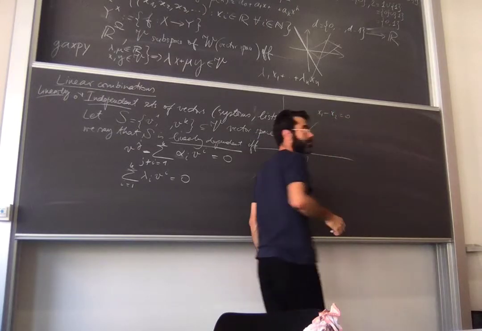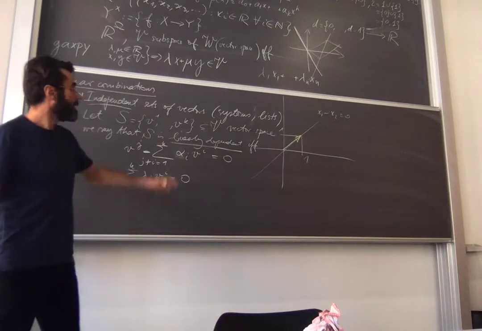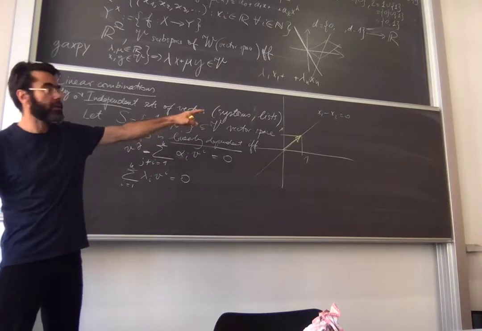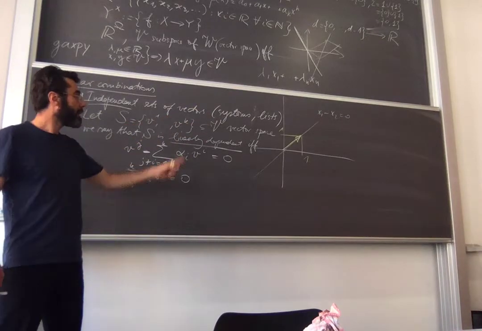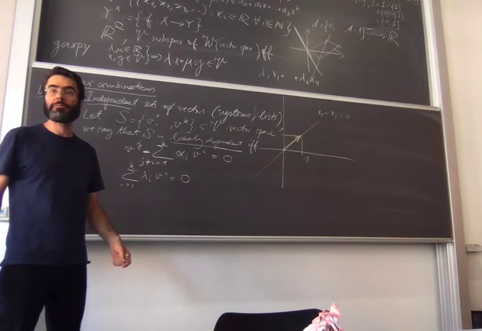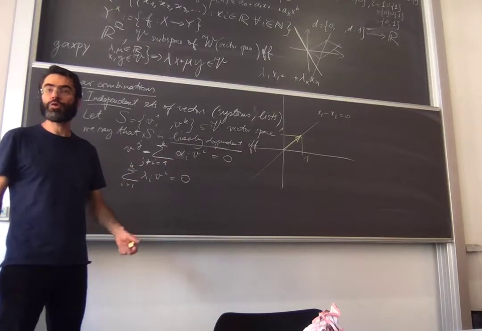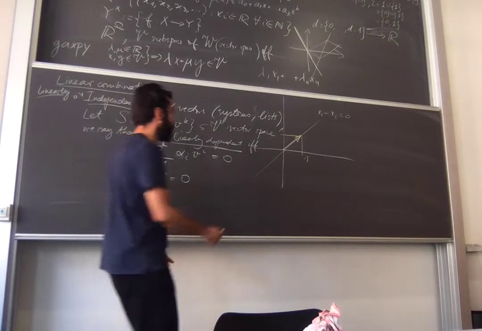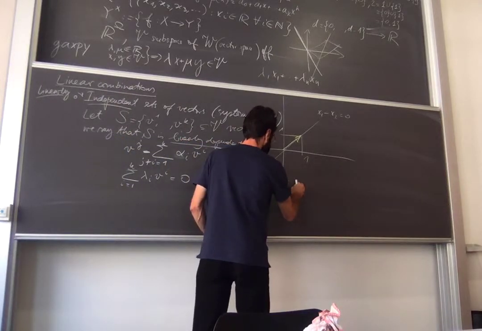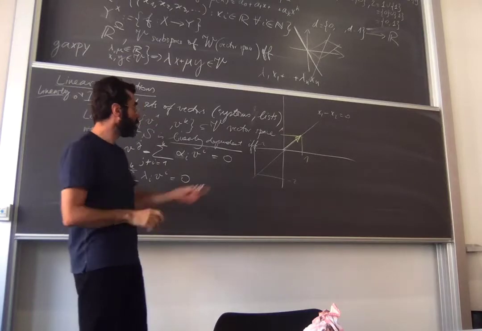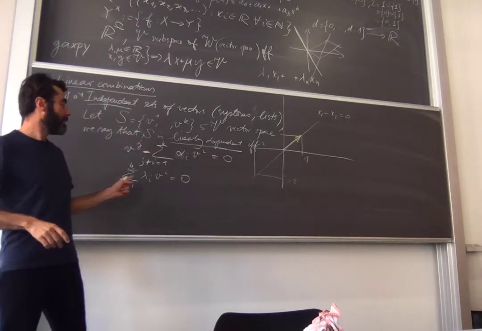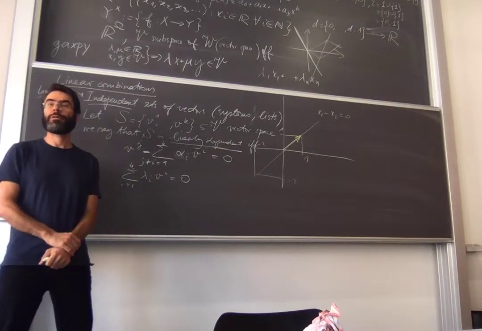It's a very easy one. 1, 1 belongs to that because 1 minus 1 is equal to 0. Can you give me another element there? I don't know, minus 2, minus 2. That works. So how can you find two coefficients that will make this sum be a 0 vector?